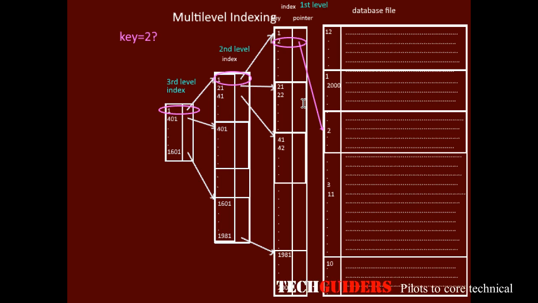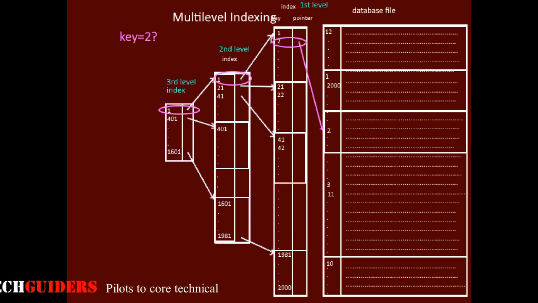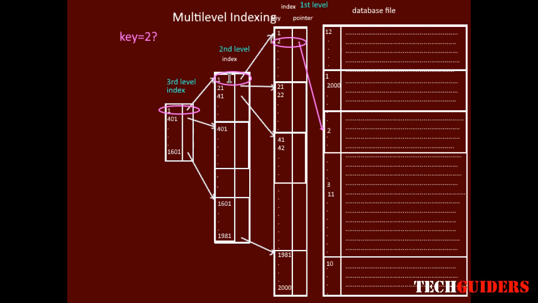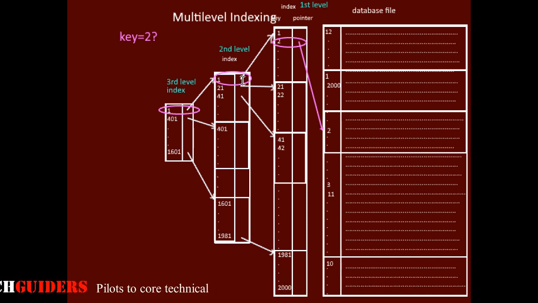And what about the space required for this entire index on the disk? Of course, we need some extra space for these additional levels of indexes, but this extra space required is very less. From the second level onwards, the block space required for the index will be considerably reduced.